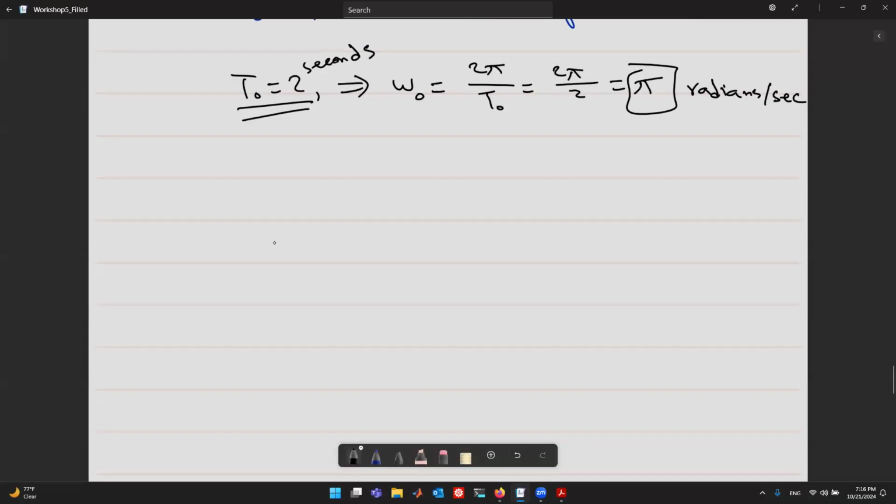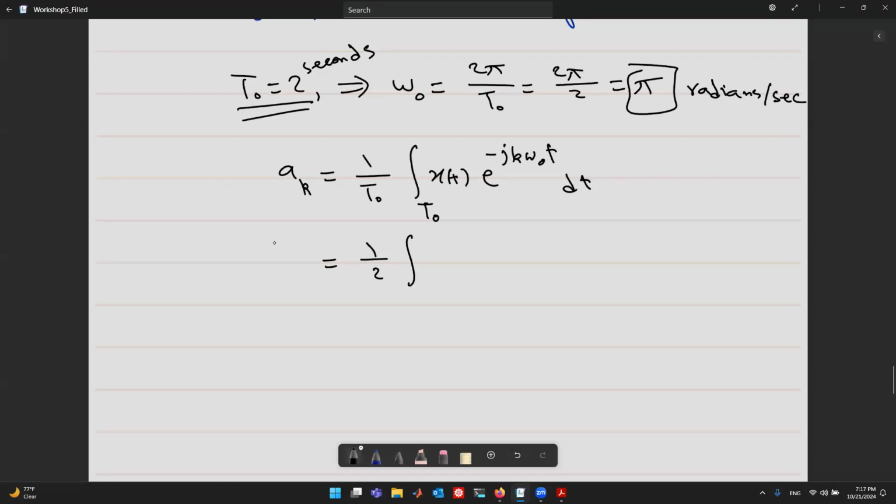Now, if we want to do it, we usually start by the definition for the analysis equation, which is a_k equals 1 divided by the fundamental period times the integral over 1 period of x(t) exponential minus jk omega naught t dt. Then we substitute the period, we get 1 divided by 2, because the period is 2.